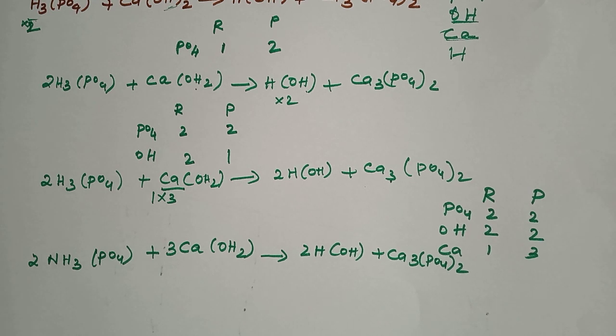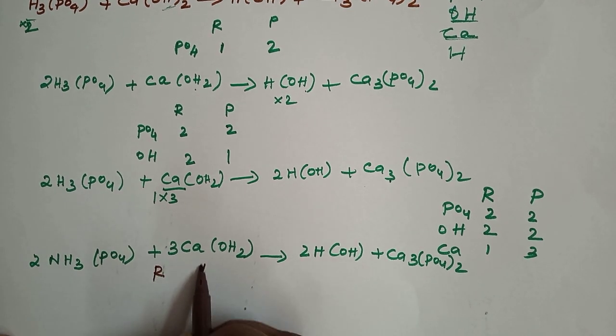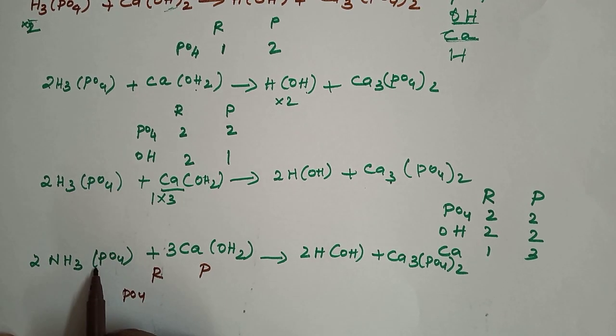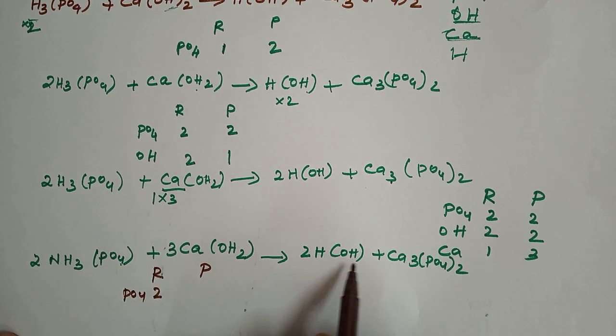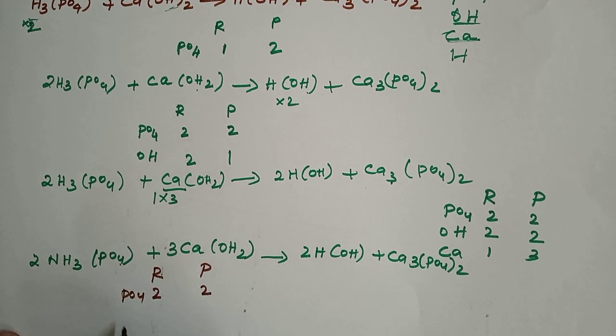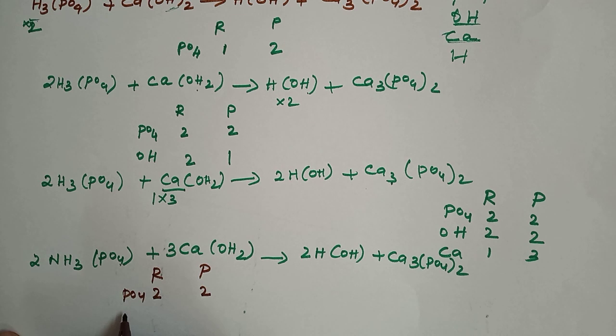Now we have to check it once again. Reactant side, product side. So first what? PO4. How many PO4 do we have now? Now 2 PO4. Here how many PO4 do we have? 2 PO4.